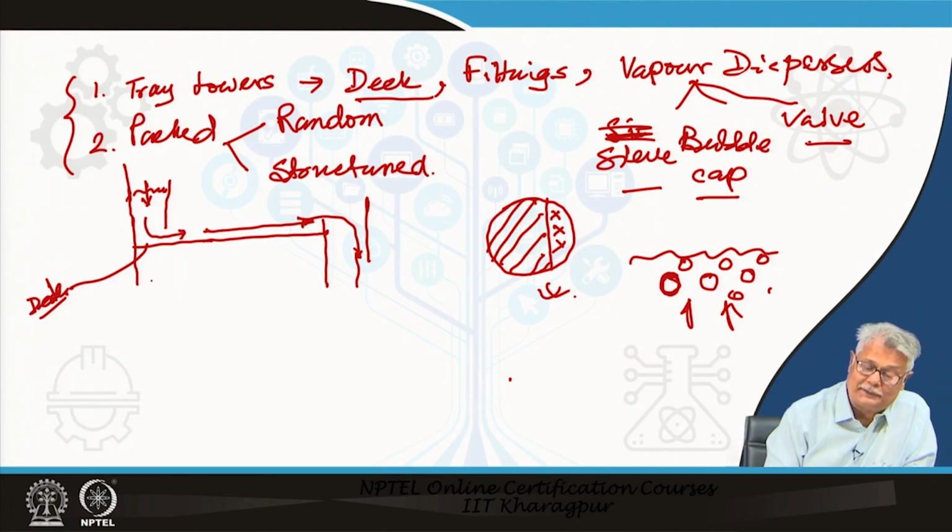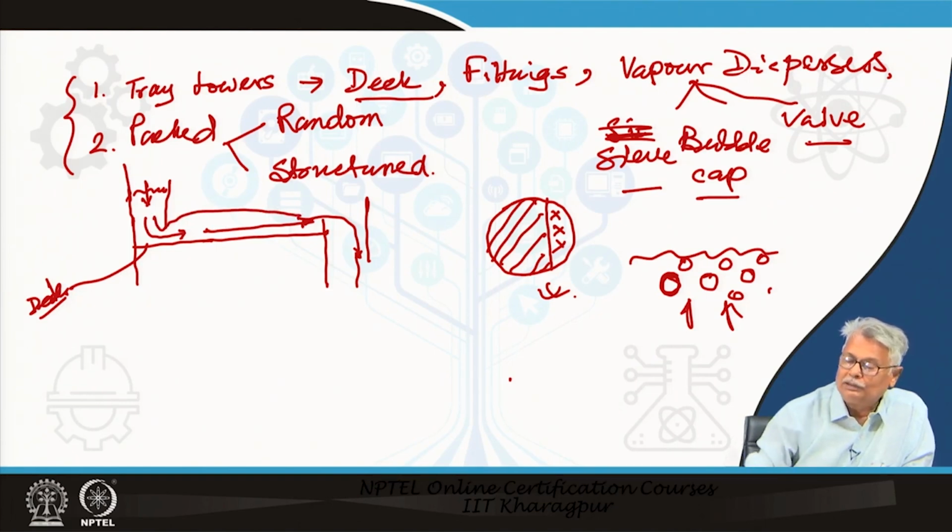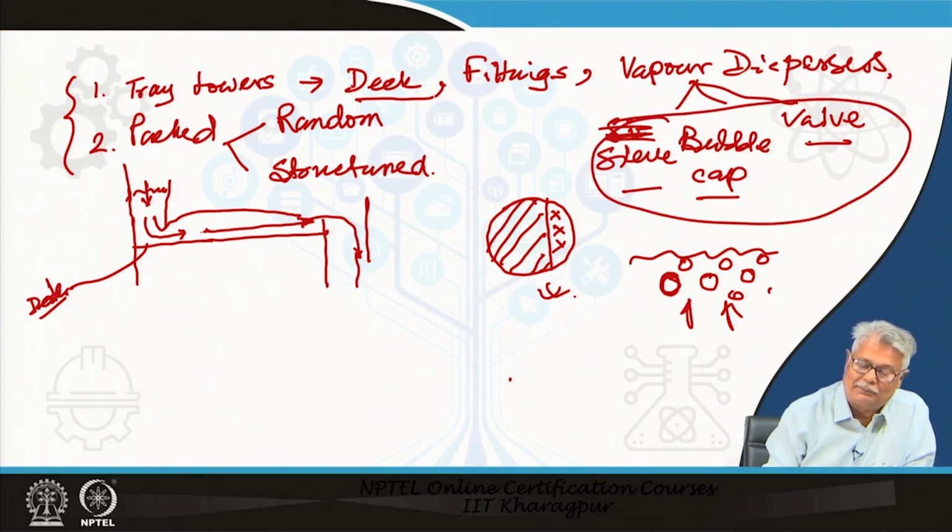So, there has to be some arrangement to ensure that what you have here on the tray deck is a pool of liquid. That means, the liquid level here should go like this, and it should have all such fittings, the sieve or bubble or the valve submerged in it. That means, the vapor disperser should remain submerged.